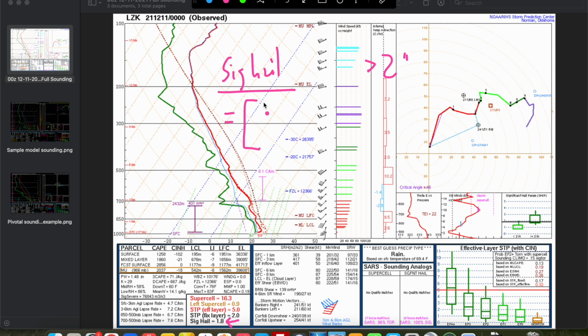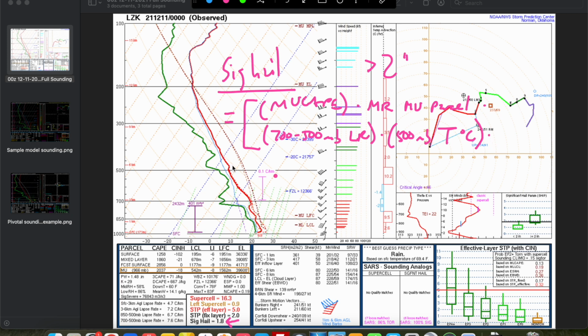We're going to take the most unstable CAPE times the mixing ratio of the most unstable parcel times the 700 to 500 millibar lapse rate times the 500 millibar temperature in degrees Celsius times the 0 to 6 kilometer wind shear, our effective bulk wind difference in meters per second.